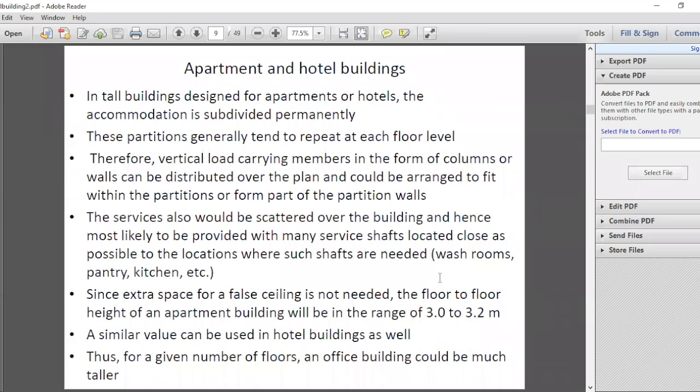The other thing that you generally observe is that all the floors might have a similar arrangement, which means the partitions generally tend to repeat at each floor level.